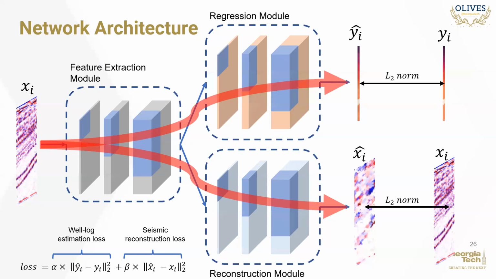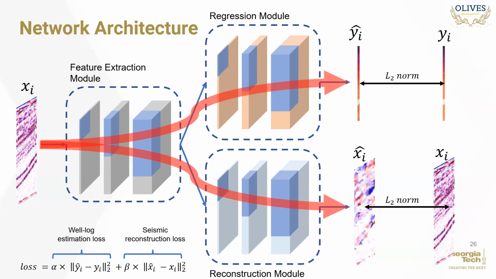The output of this block goes simultaneously into a regression module that is responsible for taking these features and estimating the well log property of interest. Simultaneously, these features are also passed through a second reconstruction module, which takes in these features and tries to reconstruct the original seismic.